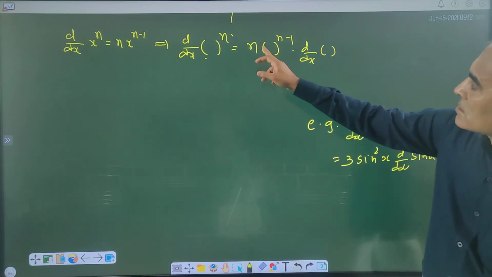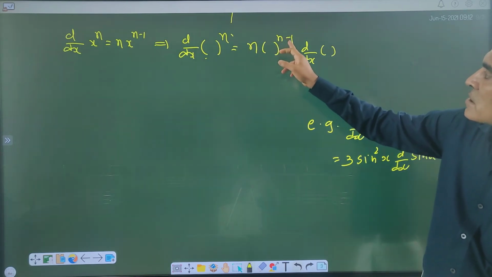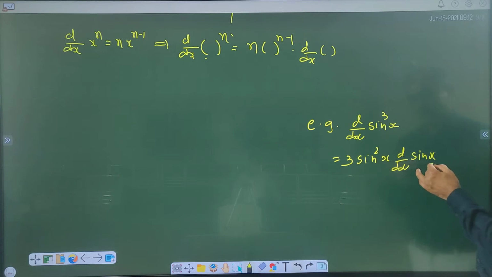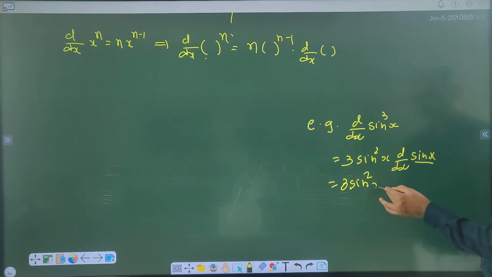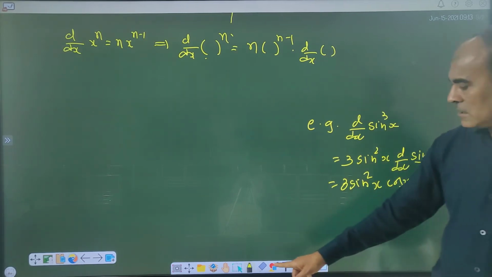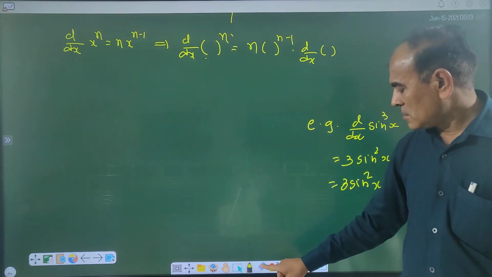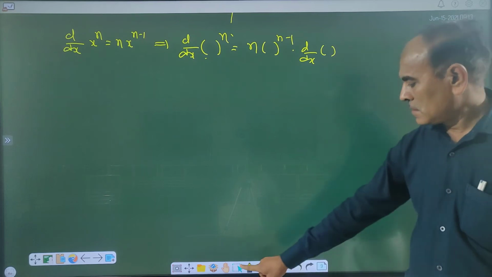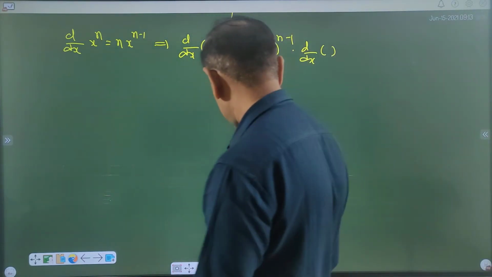Some function raised to n is equal to n times some function raised to n minus 1 into d by dx of some function. And what is the derivative of sin x? That is cos x. So 3 sin square x into cos x. Okay? So in this way we can use this form. So let us write all forms of this form. Then some rules are there.